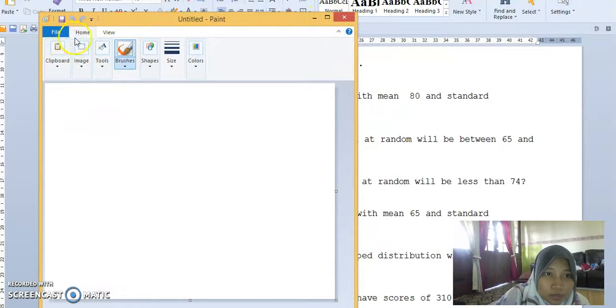So mean equals to 80. Right. Standard deviation equals to 12.